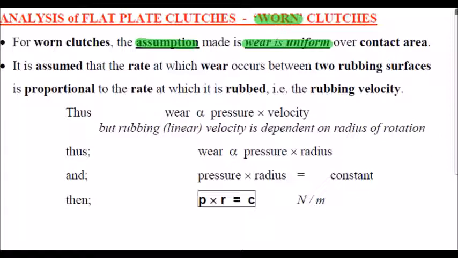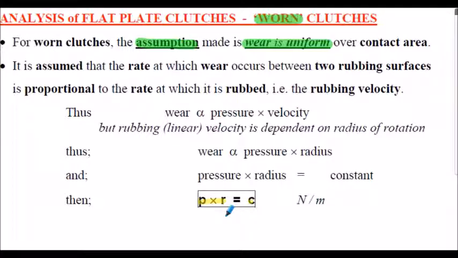So it can be stated that the pressure times the radius effectively relates to the wear of a surface, and we call that a constant C because it's a constant wear assumption, uniform wear across the surface. So in the equation we're going to generate in a moment, you'll see that P and R are now variables because the pressure is not constant, so it can vary across the surface, and of course R is a variable as well.